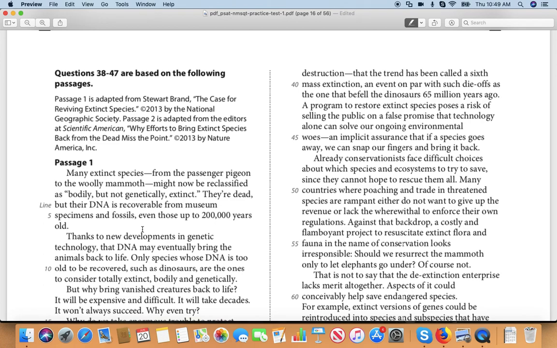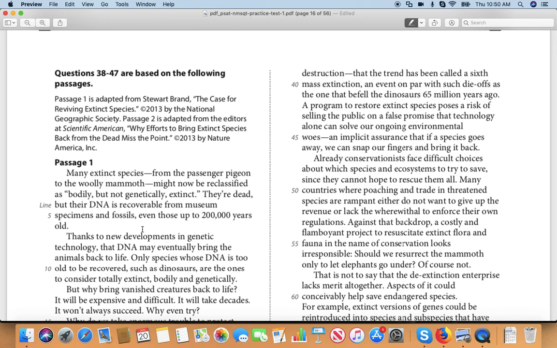Conservationists face difficult choices about which species and ecosystems they try to save, since they cannot hope to rescue them all.